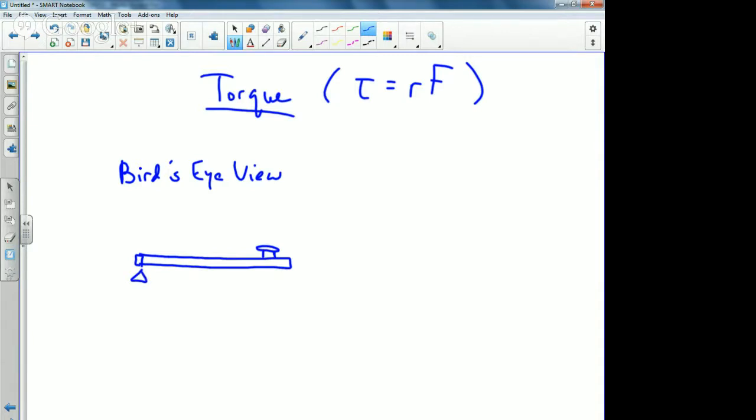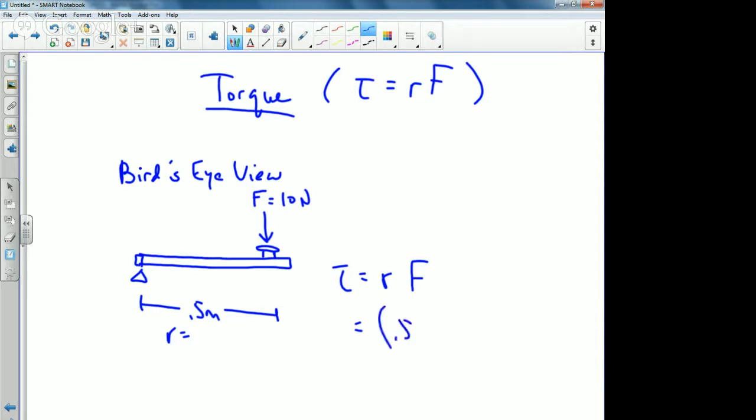When I apply a force of, let's say, 10 newtons, and the door has a width of 0.5 meters, it's a small door, we can see that R is equal to that. The amount of torque I'm producing is equal to R times F, which is 0.5 meters times 10 newtons, or really 5 newton meters.